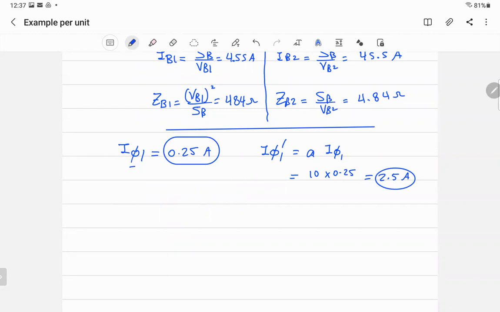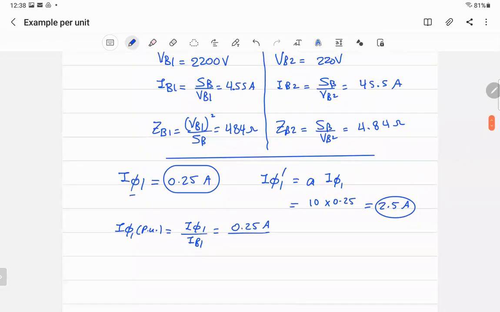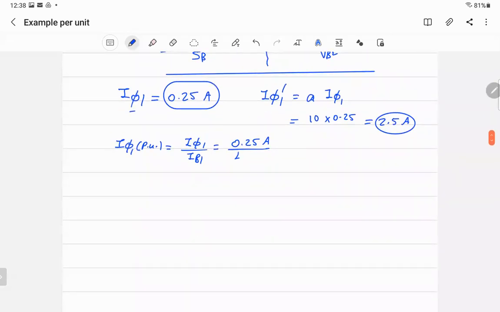Now I want to find the per unit. Easy. I just divide the actual value I have in amps by the base value. But I have to remember every side has its own base. So I write I phi 1, and the per unit value is equal to I phi 1 divided by the base in 1. Well, I have 0.25 amp, and the base IB1 is equal to 4.55 amp.